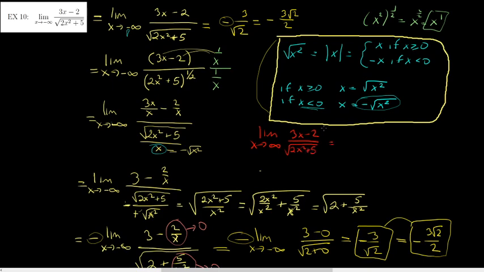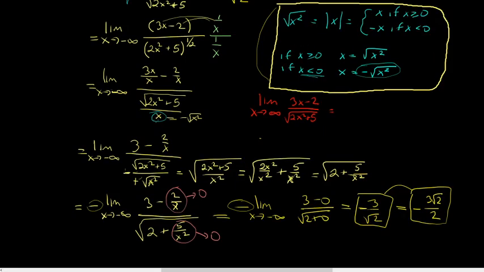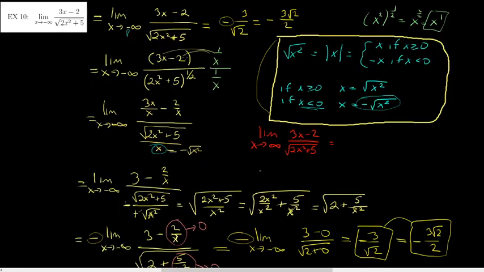Well, rather than go through this whole thing again, I think we can say pretty easily that the only difference is that if you're going to positive infinity, then you're doing when x is greater than 0. In other words, you're changing x to the square root of x squared. In other words, you're not going to get this negative sign here, right? So you're not going to have a negative sign. It's just going to be positive 3 over square root of 2, or if you rationalize the denominator, 3 square root of 2 over 2, right?